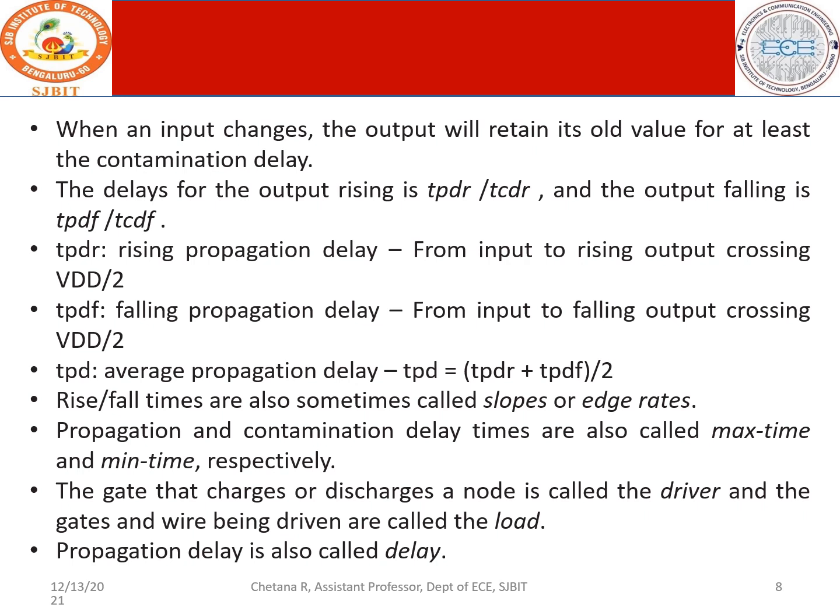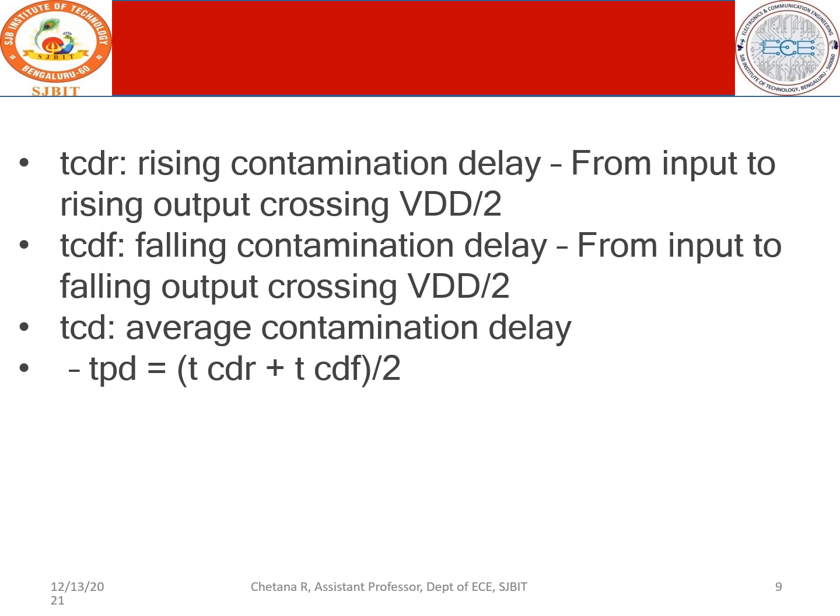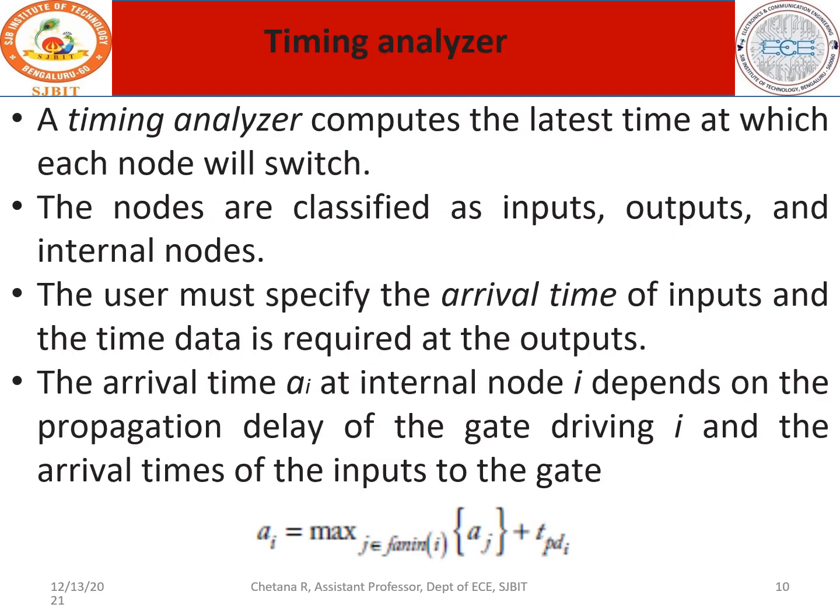And the gates and the wire being driven are called the load. Whatever you see at the output side is called the load. Propagation delay is also called delay. So TCDR, the rising contamination delay, is from input to rising output crossing VDD by 2. The falling contamination delay is from input to falling output crossing VDD by 2, as already defined.